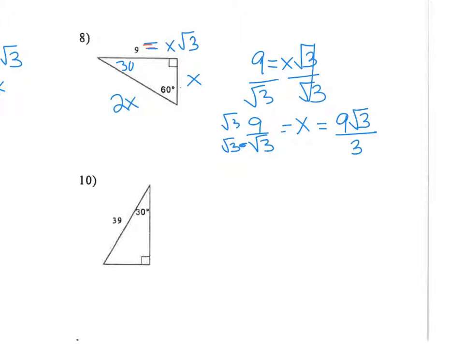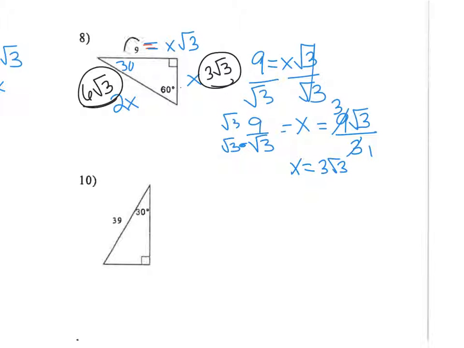Square root of 9 is 3. Last step is to simplify, and our x is equal to 3 root 3. So that's the shorter leg, 3 root 3. And the hypotenuse would be twice that, so it'd be 6 times root 3. And I feel like this is the hardest that it gets on these notes.